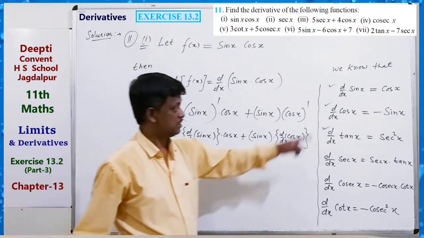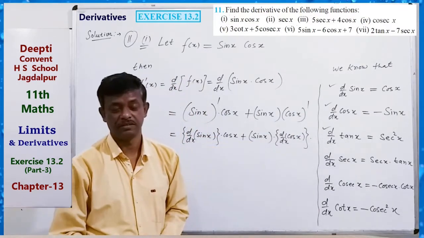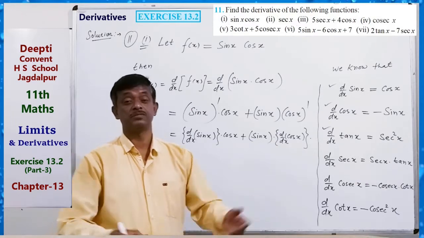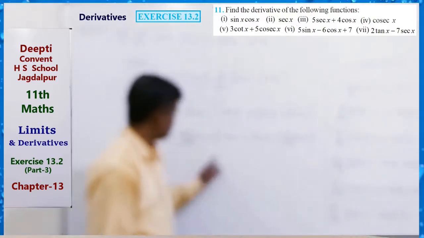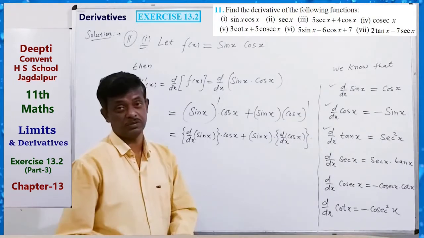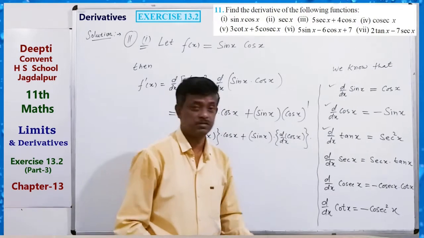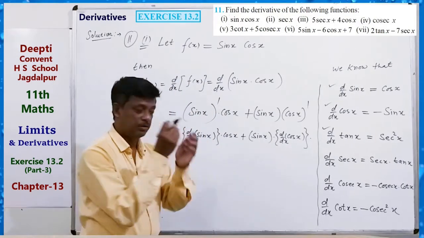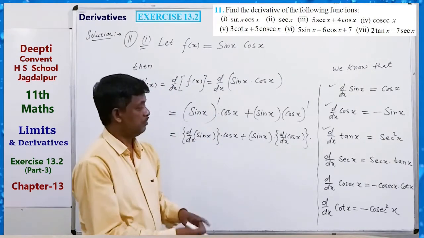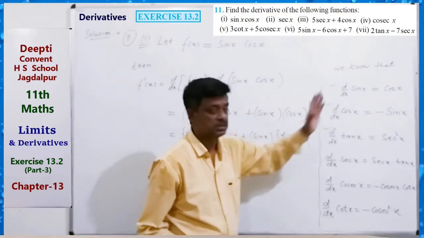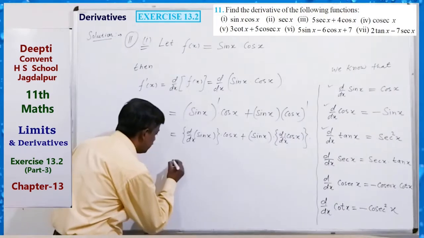If the question is very long, then you have to find the derivative of this by using first principle, and also this by using first principle, and then use those values here.